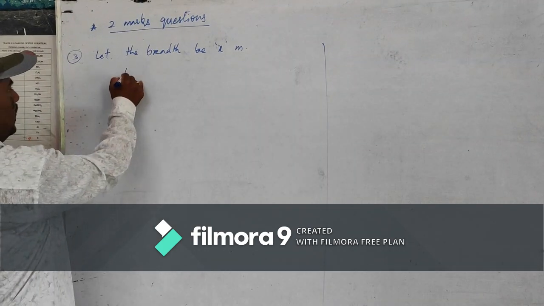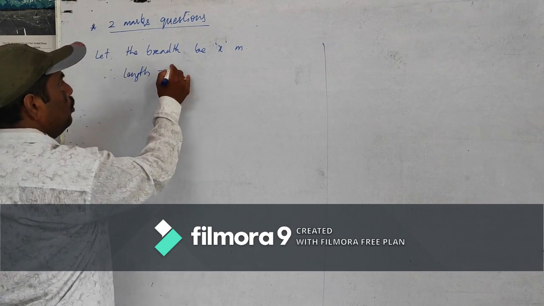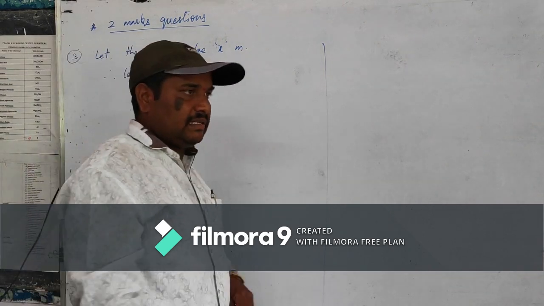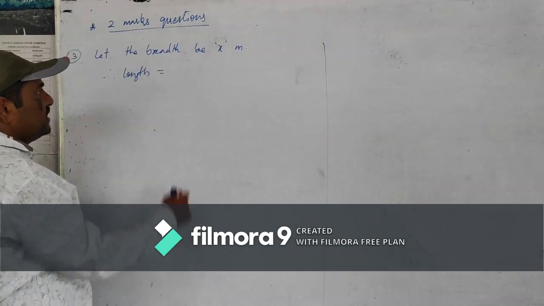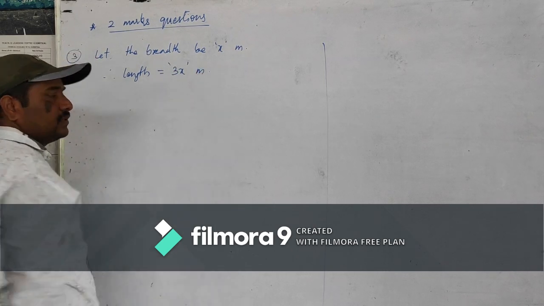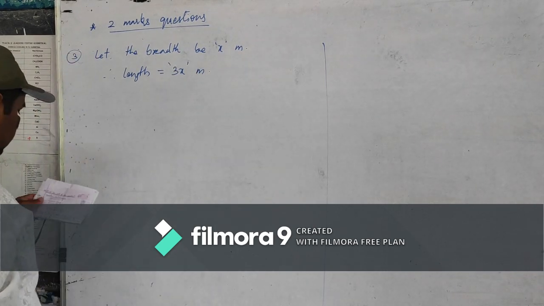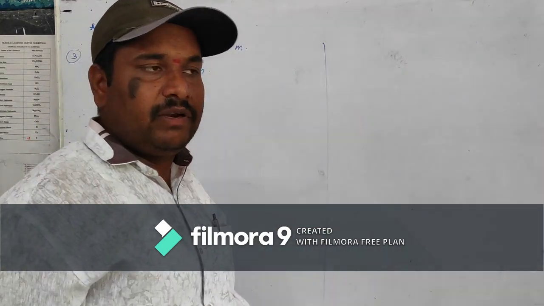Then what is the length here? Therefore, length is equal to thrice of its breadth. Here the breadth is x. Now thrice of its breadth means it is 3x meters. Again they given that, and its area is 147 meters square.